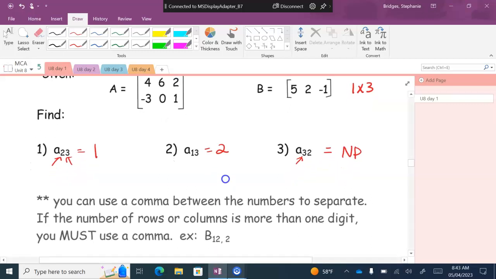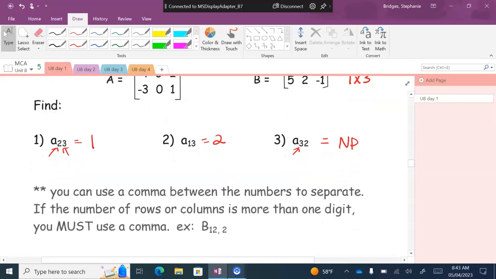Again, this little paragraph you do not have to write down, but I'm going to talk to you about it. When they're talking about a comma, they're talking about between these two numbers. In some books, and whoever writes tests, some people write it differently. I could write the same thing, the A, and put a comma in between the two. It means exactly the same thing.